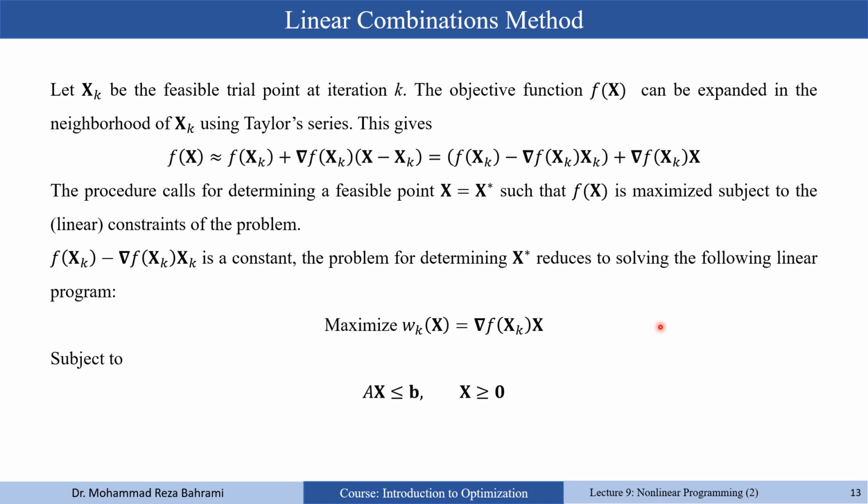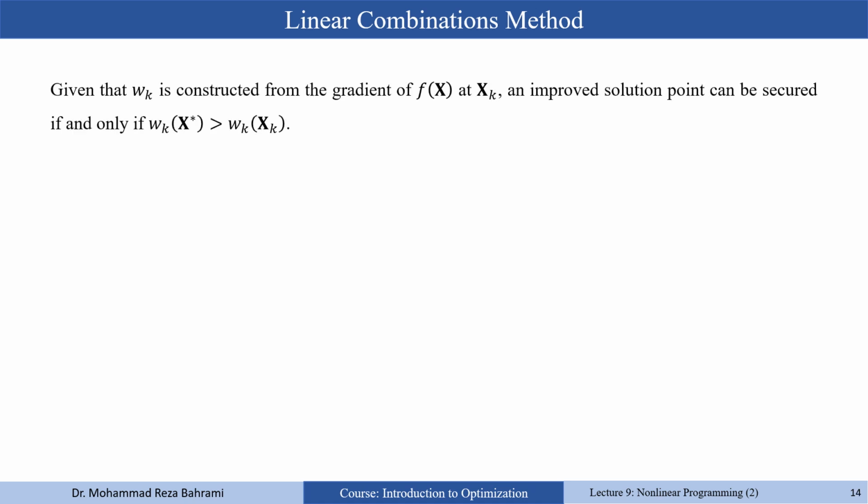It is subject to all the constraints, the original constraints. Why do we need them? To be sure that it is feasible. So how does it work?